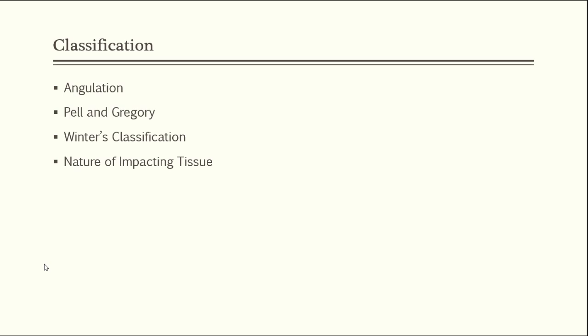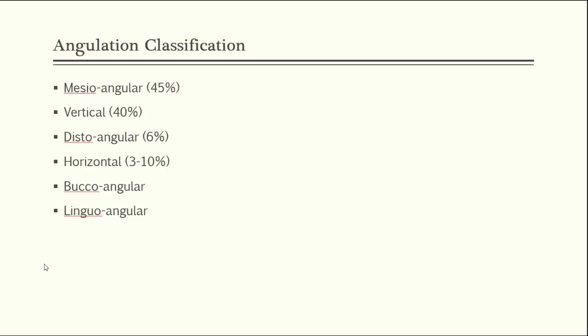Now, classification, there are many classifications. The angulation first, Pell and Gregory second, Winter's, and the nature of the impacting tissue. Angulation can be mesioangular, vertical, distoangular, horizontal, buccoangular, and linguoangular.